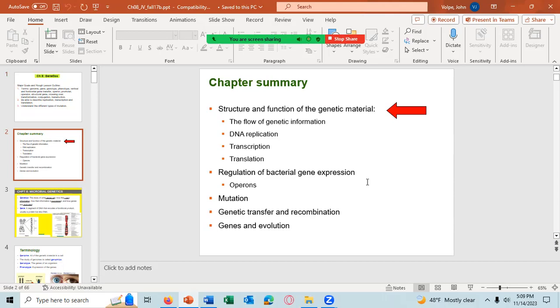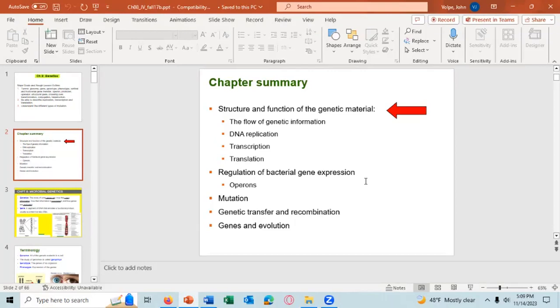All right, we're going to start talking about the structure and function of the genetic material. We'll talk about the flow of genetic information. We'll then move on into talking about DNA replication. Following that will be RNA transcription and then protein translation. After that, probably not today, but maybe in the next class, we'll talk about the regulation of bacterial gene expression.